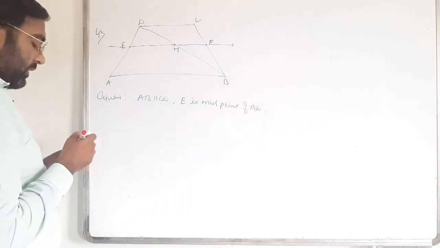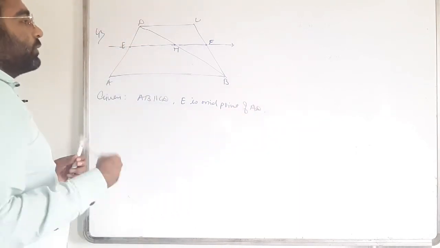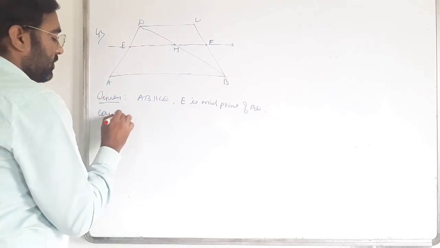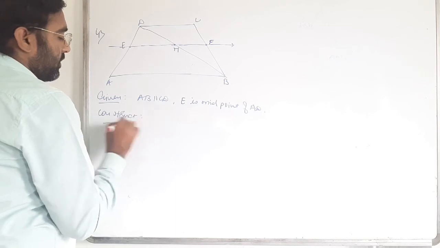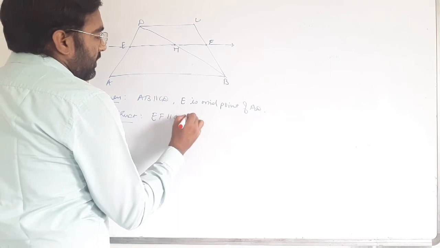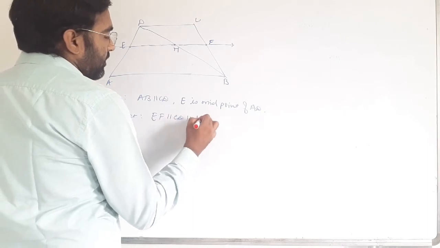Okay, so first of all we have to construct EF parallel to CD, parallel to AB.